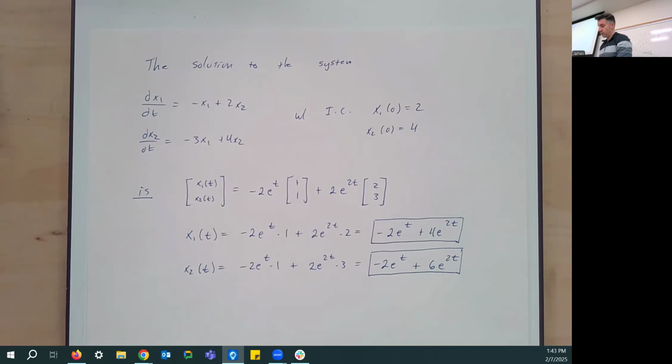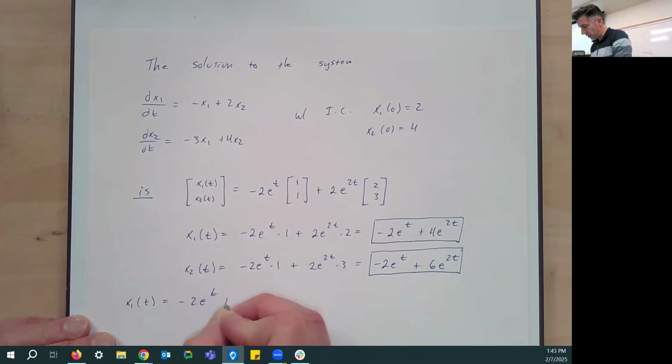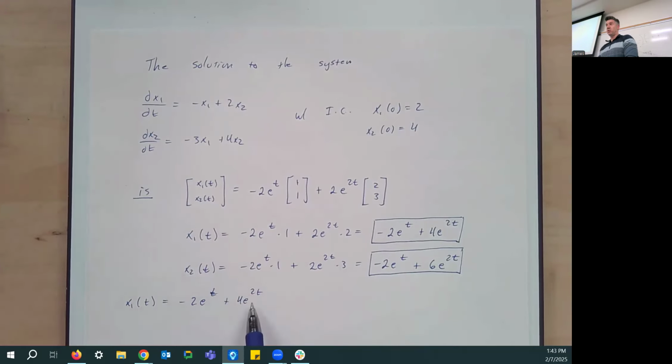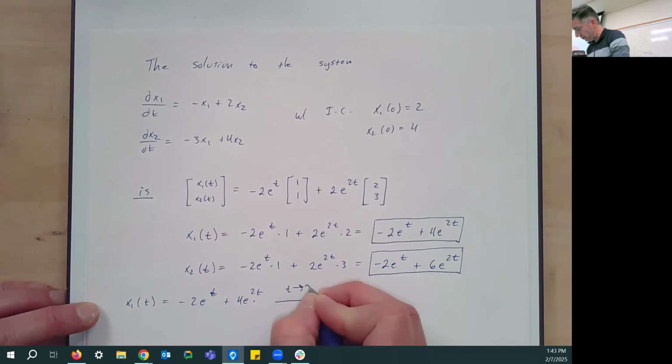Here, if we look at x1(t), which is equal to -2 e^t plus 4 e^(2t), we can see that the e^(2t) term is going to overpower the -2 e^t term, and this population is going to get larger and larger as time goes on and on.